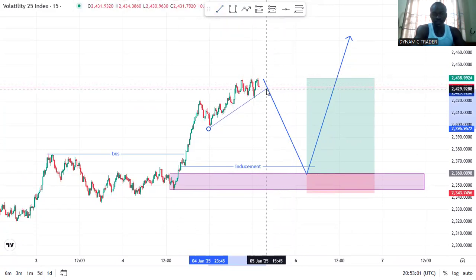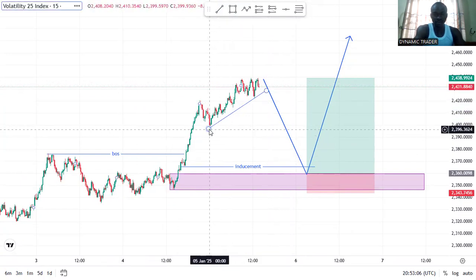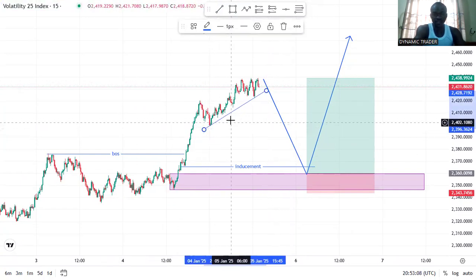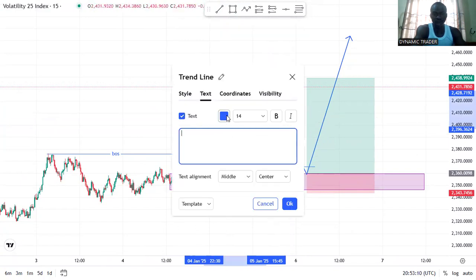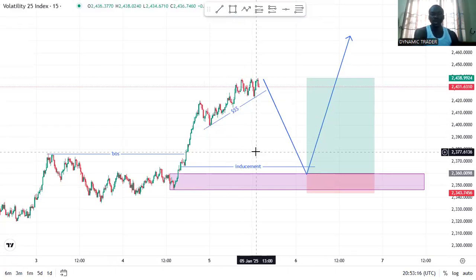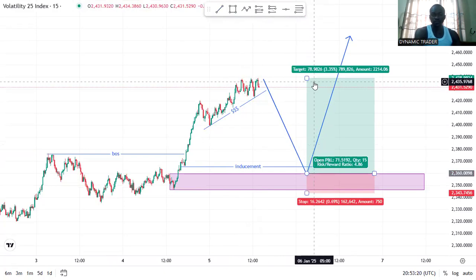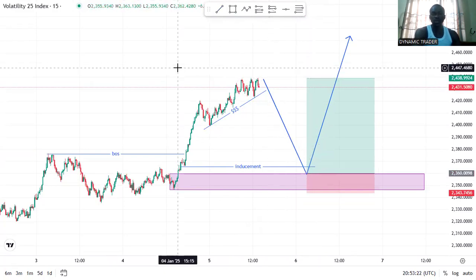So you can see this is also liquidity printing, which is going to attract price to the downside. It's going to clear early buyers, all right, and take their stop losses to this point. Then we move to the upside.